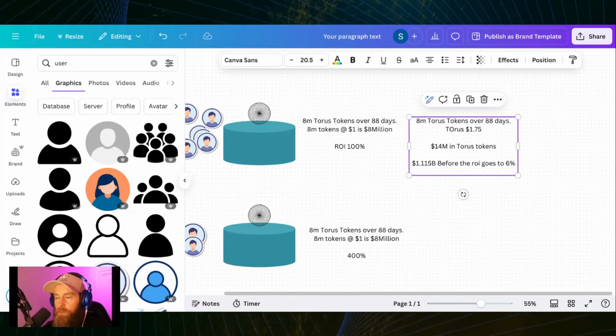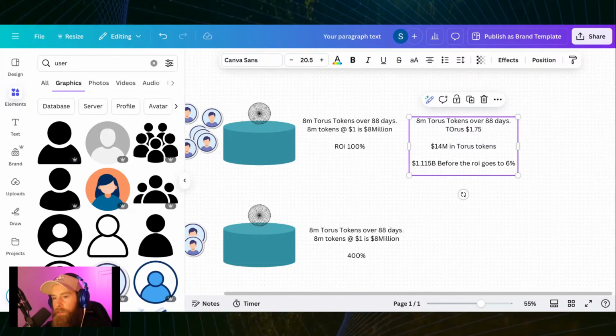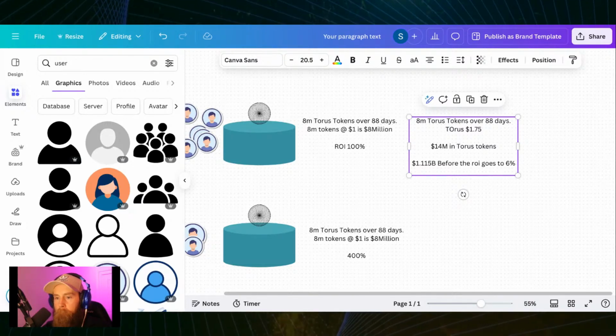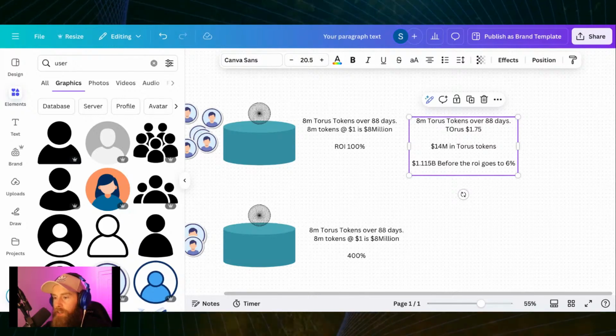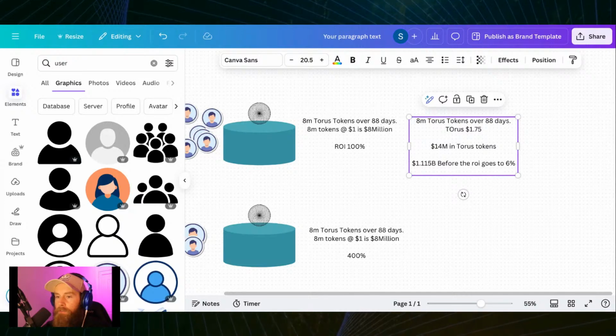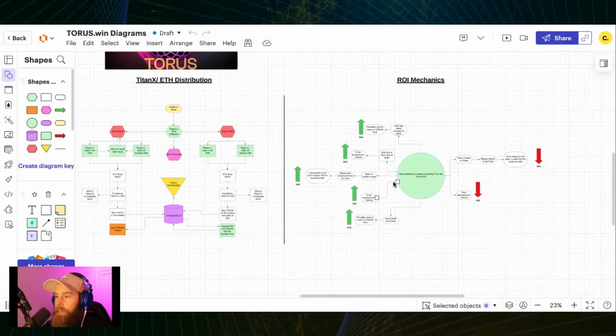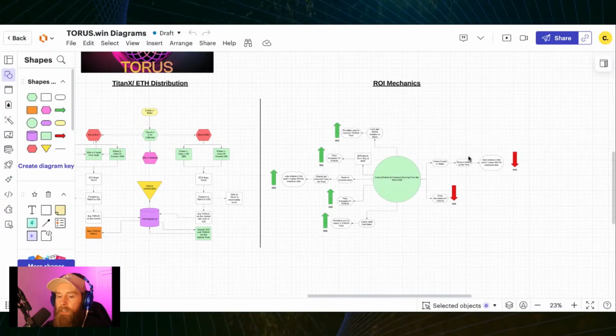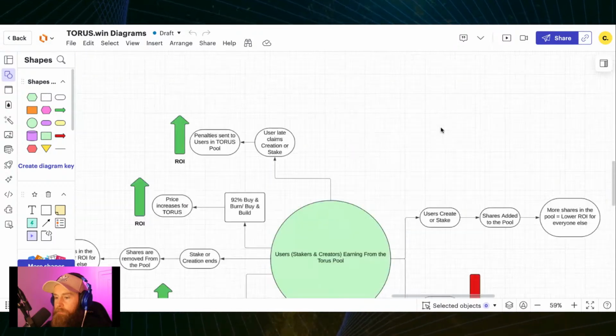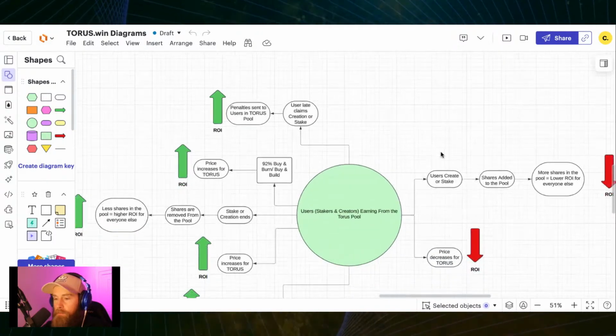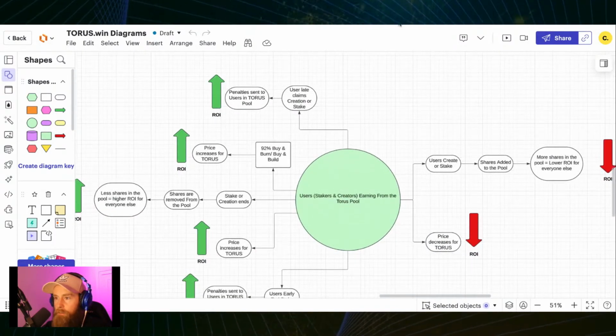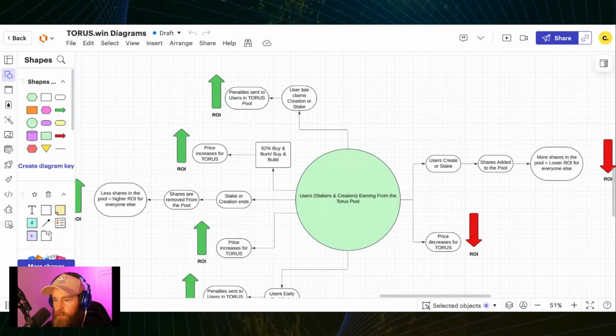Give me one second, because I know flowcharts really help with this stuff, and it is difficult to follow when you've got just some dude talking at you on the internet trying to explain how it works. Actually, this is perfect. This is a public spreadsheet, flow diagram, however you want to call it. Let me make sure you guys are seeing this.